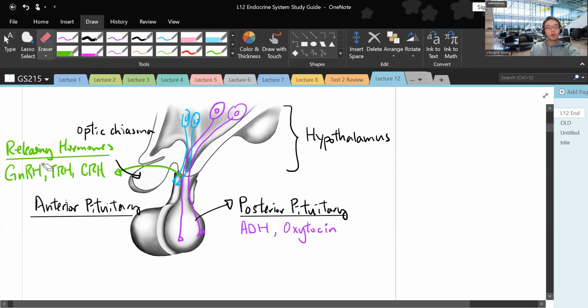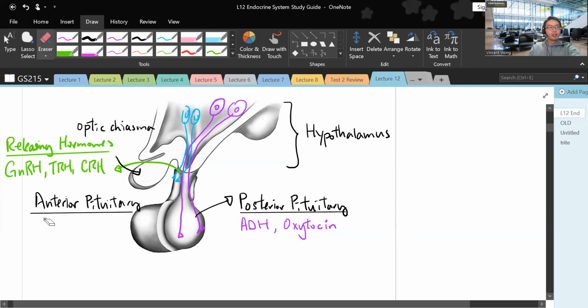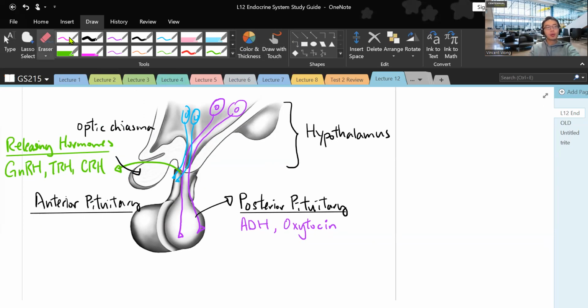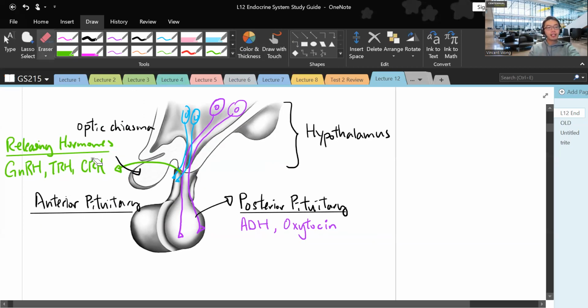Okay, so these releasing hormones will travel through the portal system of blood vessels, and it will allow the anterior pituitary gland to secrete various hormones. Okay, so in the anterior pituitary gland, the hormones are separated into two groups. We have what we call the tropic hormones.